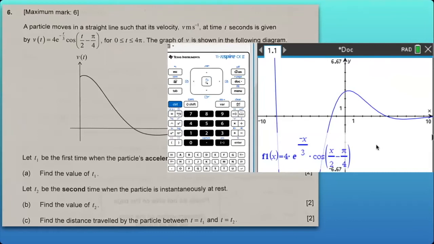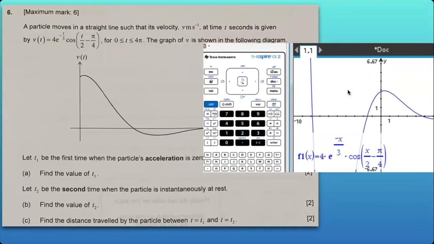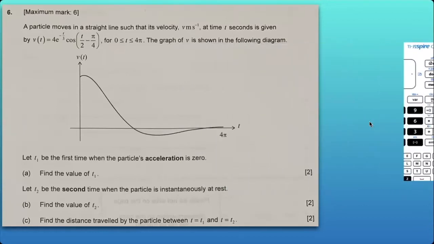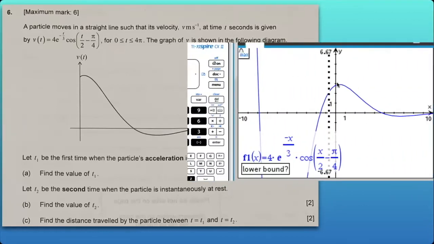Now we want to find the value of t, or t1, when the gradient is 0 at that maximum point there. So we click menu, and then analyze graph and maximum. We know that the maximum is located there, but the calculator needs to be told where the lower bound is and where the upper bound is. Let's start off with the lower bound. Go slightly to the left-hand side of that maximum point and then click.